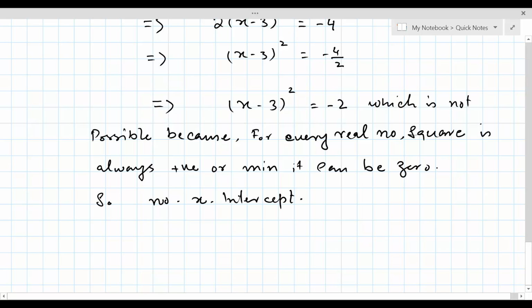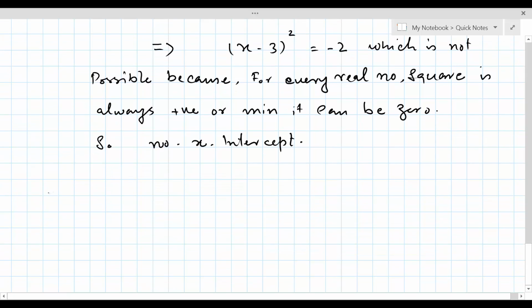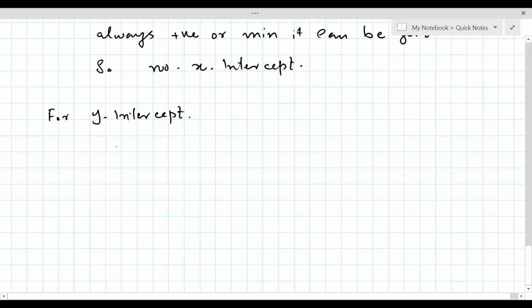And for the y-intercept, we have x equal to 0. Put x equal to 0. This gives us f of x equal to 2 times 0 minus 3 square plus 4.